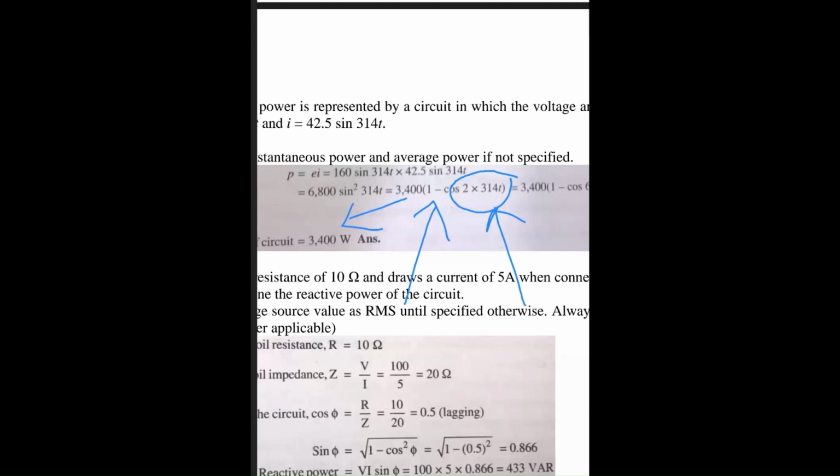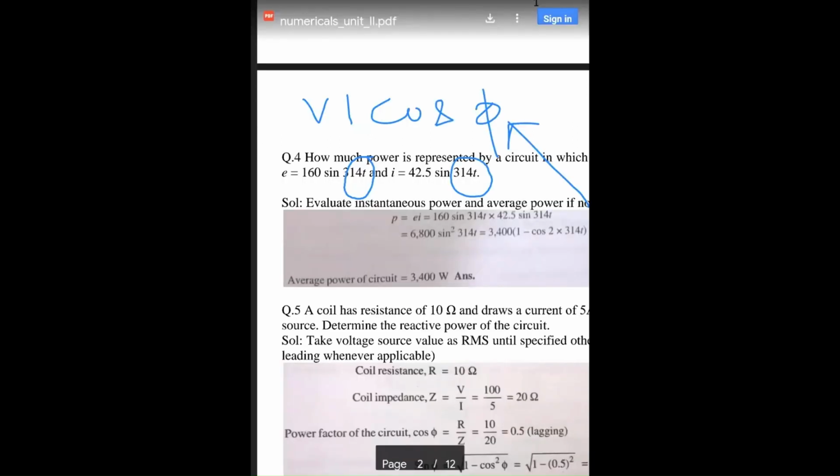Or we can apply the formula for the average power. Since the sine omega t part is common in both the voltage or EMF and the current, there is no phase difference between the voltage and the current. So this voltage is applied to a resistive load.